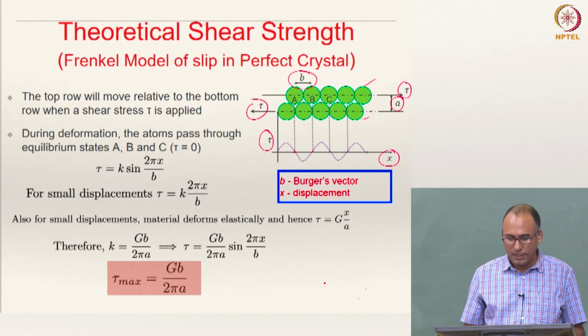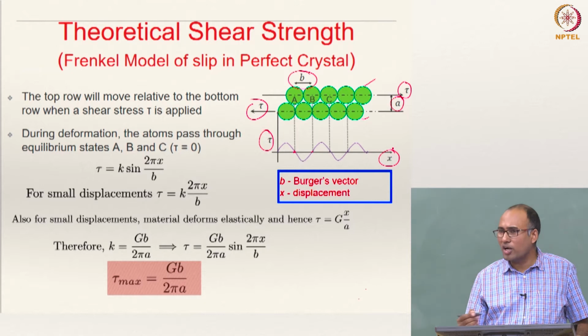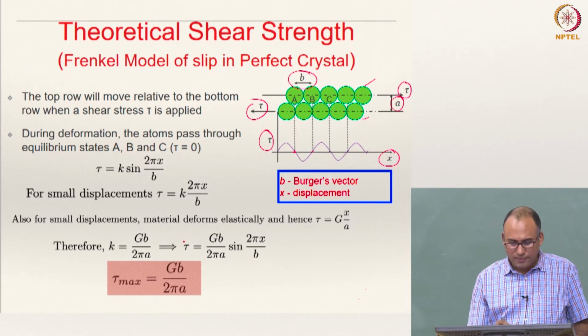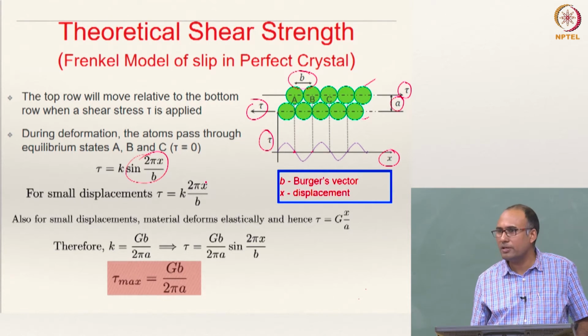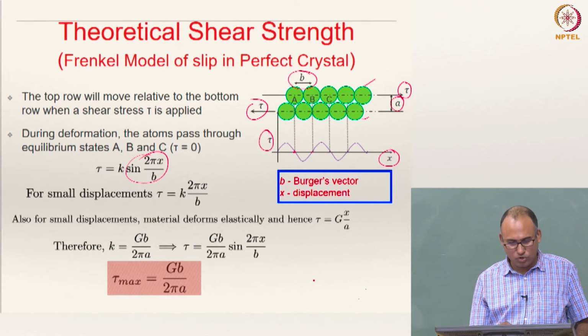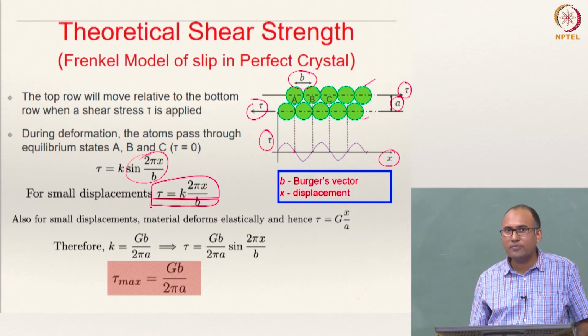half wave. So now if you are talking about small displacement, for small values of x, the sine 2 pi x by b can be written as sine theta. For small values of theta, sine theta can be approximated as theta. So for small displacement I can write tau equal to k times 2 pi x by b, isn't it?